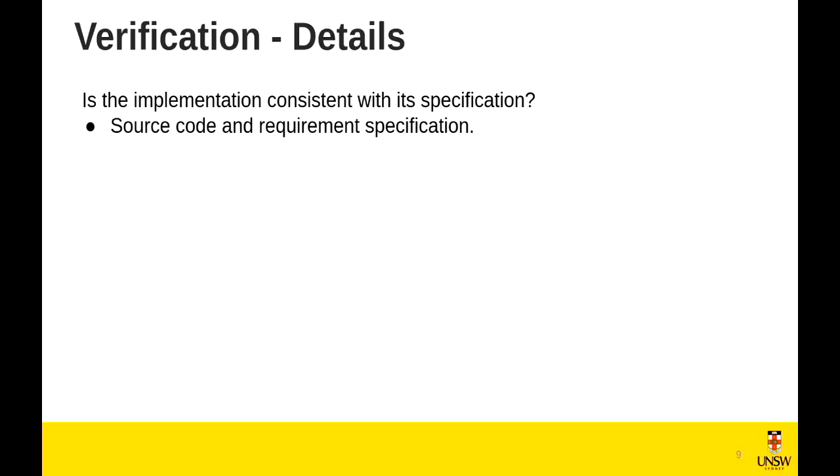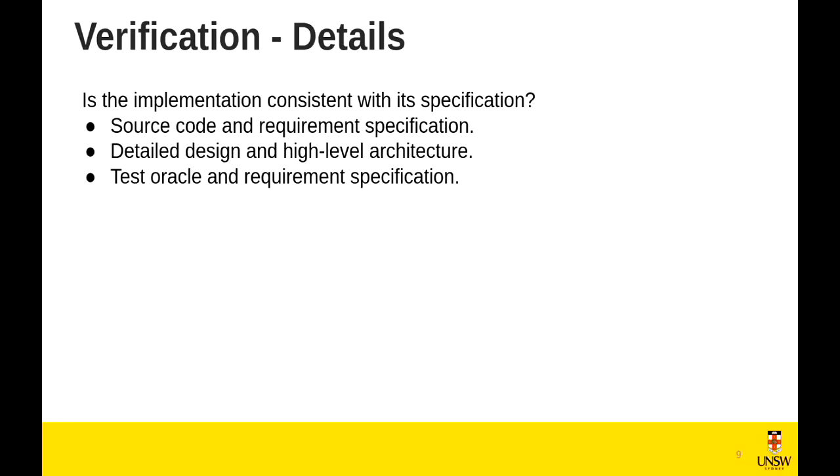These specifications could come from different sources. One of them is the source code and requirement specification. There could be other specifications, like from the design of the architecture, and there could be test oracles and requirement specifications as well. So they are related to different stages of software development.